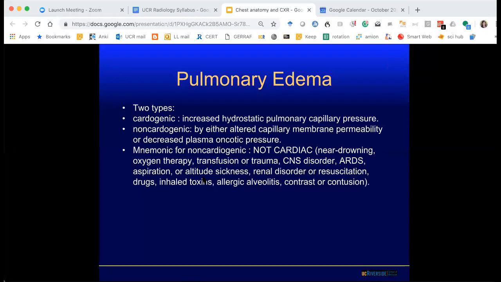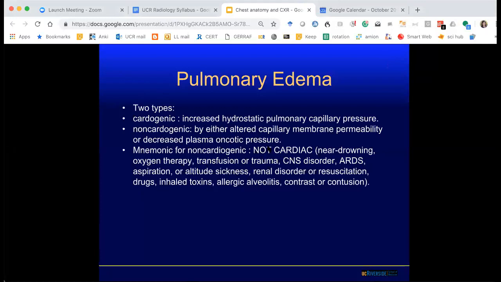Pulmonary edema, another very common finding that we will see, especially in the ICU setting. There are two types, cardiogenic and non-cardiogenic. Cardiogenic is a lot more common just because of the prevalence of cardiomyopathy, CHF, things like that. Non-cardiac, however, you can get edema from non-cardiac sources.